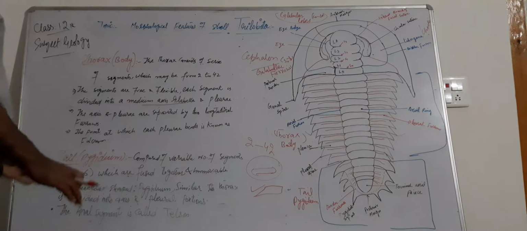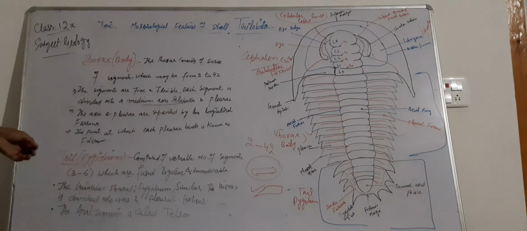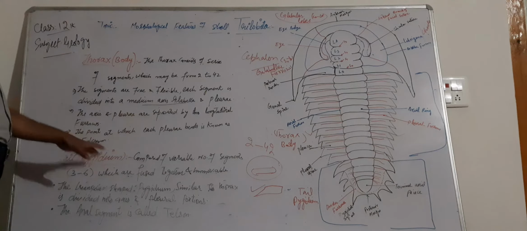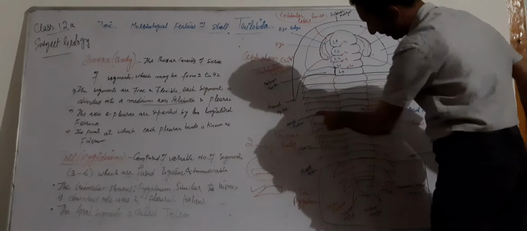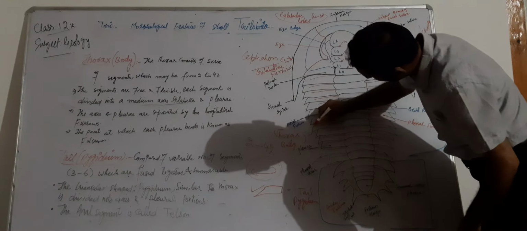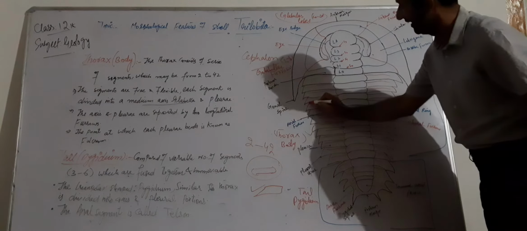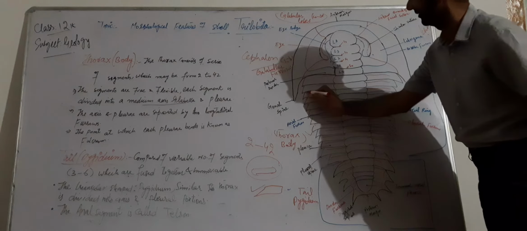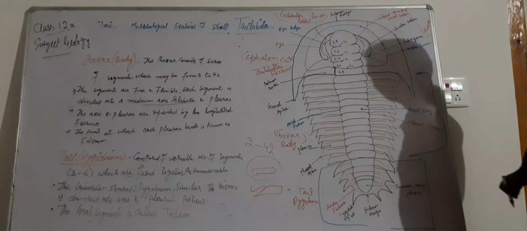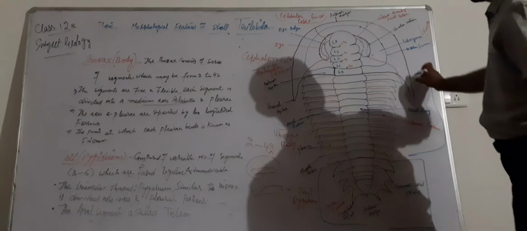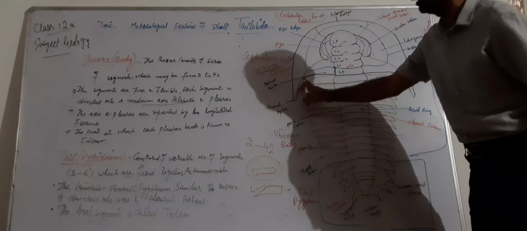The point at which each pleura bends is known as the fulcrum. This part where they separate or bend is known as the fulcrum, and these long spines are known as genal spines.